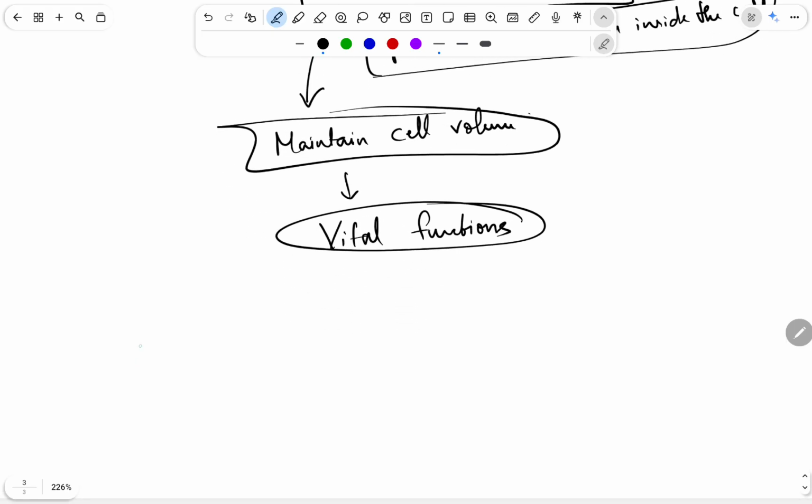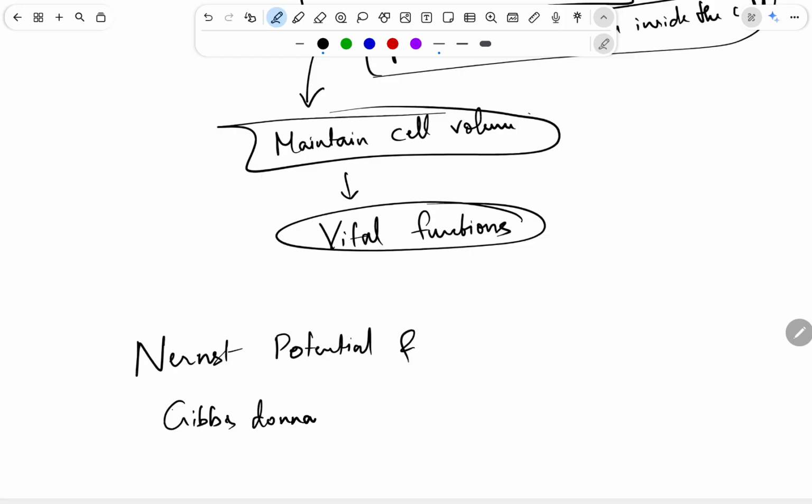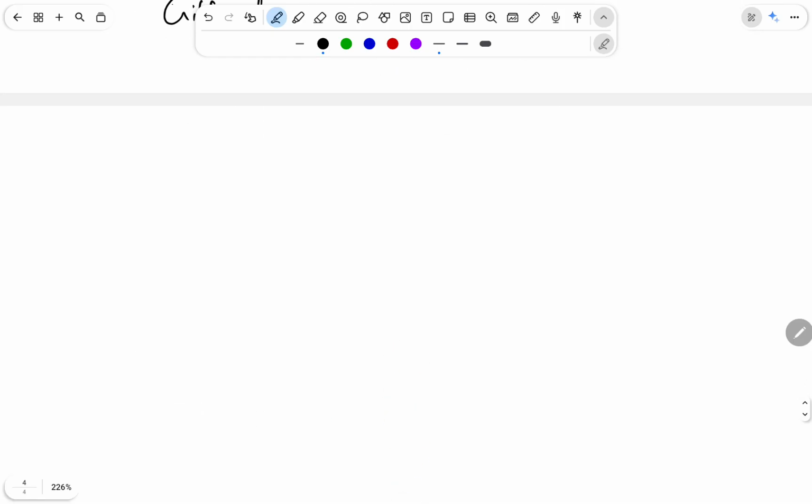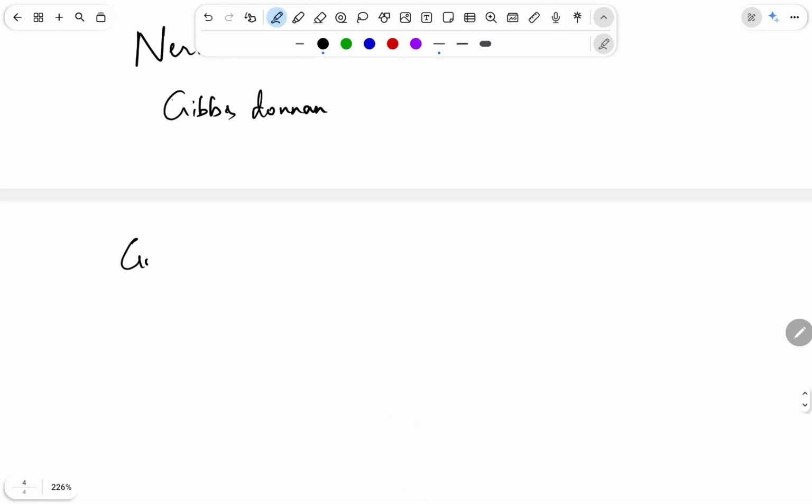Now where does this Nernst potential and Gibbs-Donnan come from, and what is the Goldman-Hodgkin-Katz equation? So this is the question.